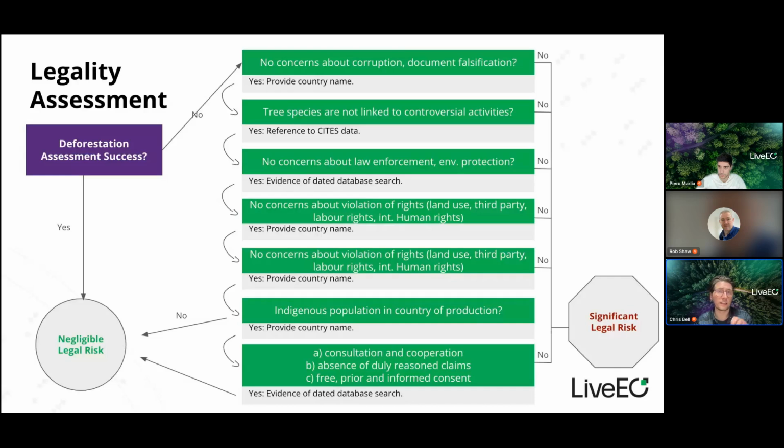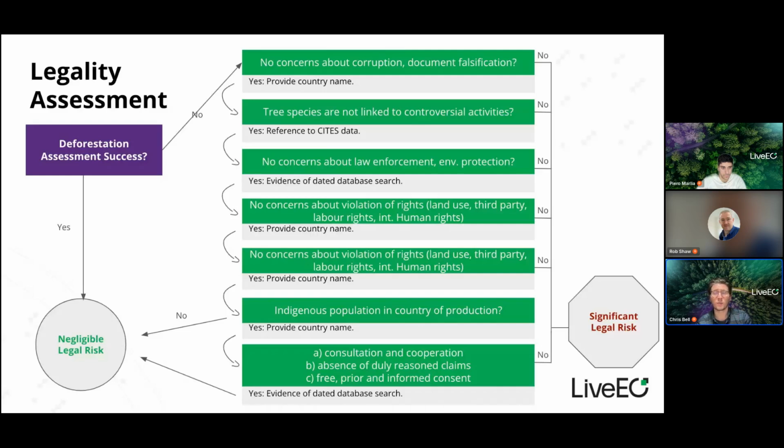And then if there are, which country it is, and then the next consideration would be about the tree species and whether or not that's linked to controversial activities, and then concerns about law enforcement, environmental protection, and then concerns about violation of human rights as well, any violation of rights, land use, third-party labor rights, international human rights, and then considerations around indigenous people and their involvement in the country of production.